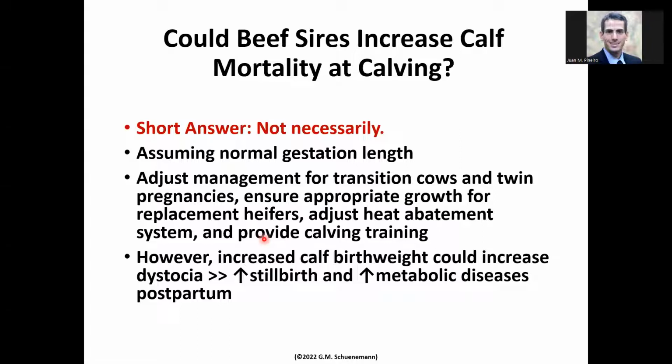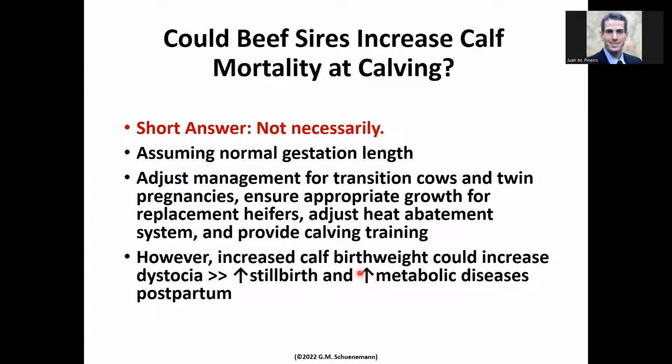So there are a few instances where I've seen that calf birth weight substantially went up, let's say by 25 or 30 pounds, right? And that triggered dystocia, right? And with dystocia, you will increase the number of stillbirths, and because this is associated with pain, and pain is negatively associated with dry matter intake, you start seeing metabolic diseases postpartum, especially ketosis, right?